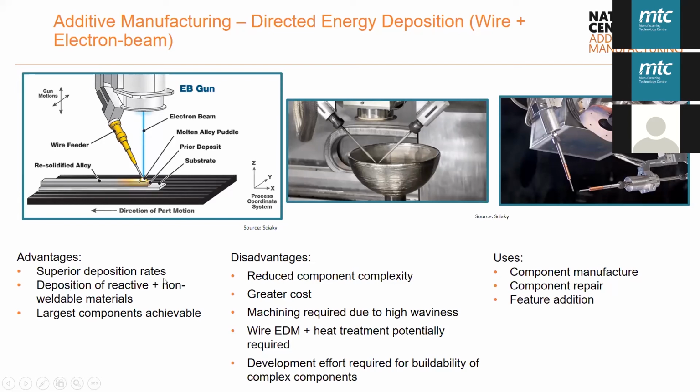You've got superior deposition rates here, so I believe the electron beam can actually operate at a higher temperature than a laser, so you can deposit your weld a lot quicker. You can also deposit reactive and non-weldable materials due to the electron beam heat source. Some of the larger components are achievable using this process.